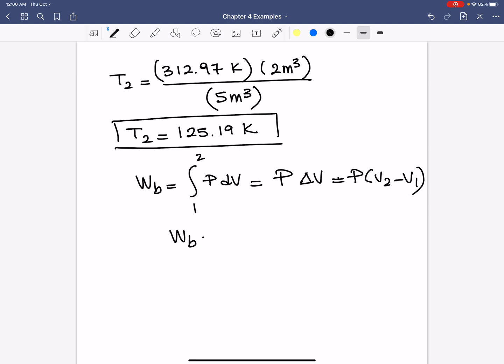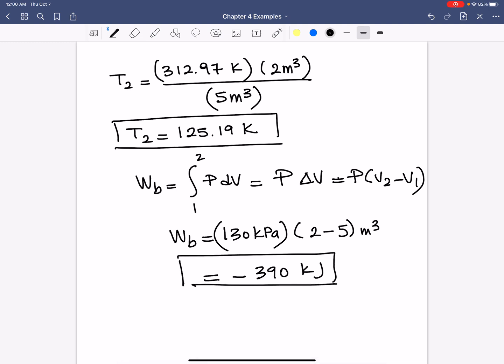Okay, and then the pressure is 130 and V2 is 2, V1 is 5, and it's going to be minus 390 kilojoule. Okay, so that's the boundary work. Negative means compression, remember.